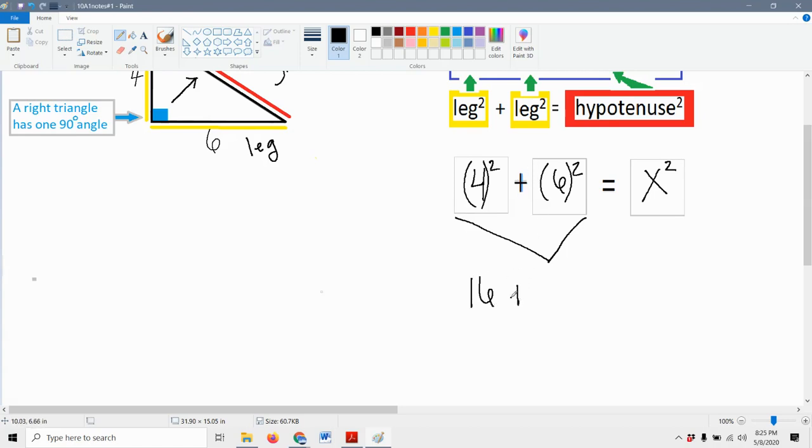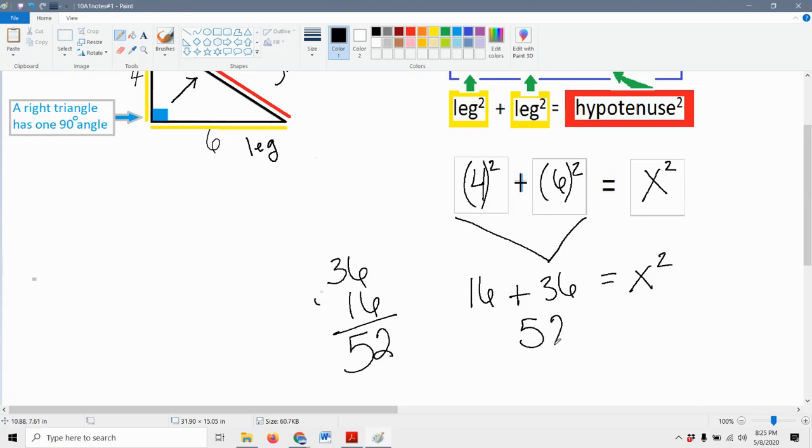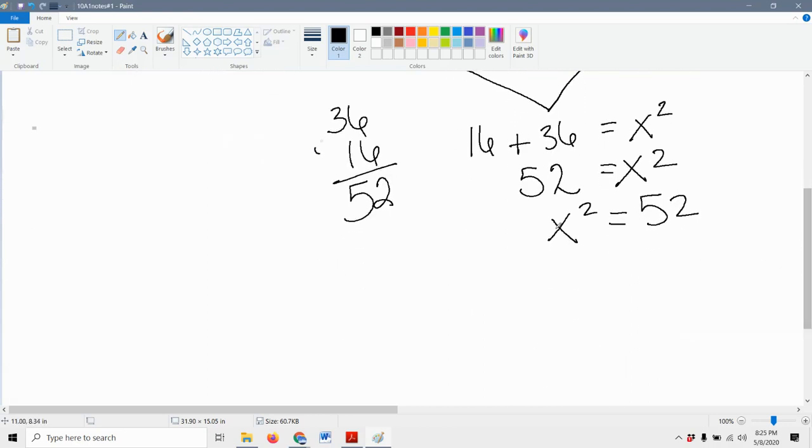Then we add it to 6 squared, which is 6 times 6, or 36, and we're still equal to x squared. 16 plus 36 gives us 52, so 52 still equals x squared. At this point, we're just going to switch them around. Sometimes it's easier when we have that x on the left-hand side, since we're kind of used to that. You can always switch sides around like that.